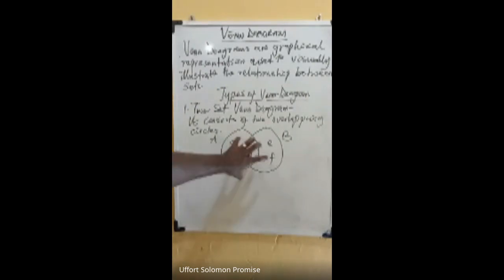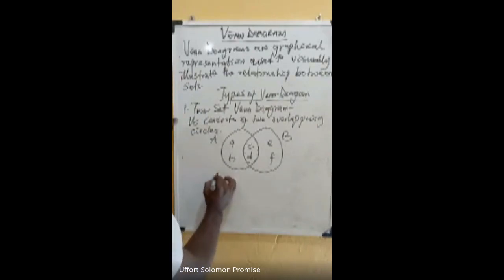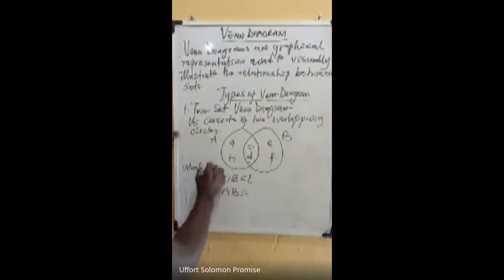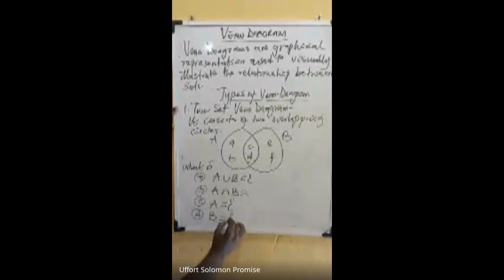If you are given a graphical representation of this form and you are asked for A union B and A intersection B, maybe they ask what is A union B, and let's say C, what is the set A, and D, what is the set B? What is the content of the set B?